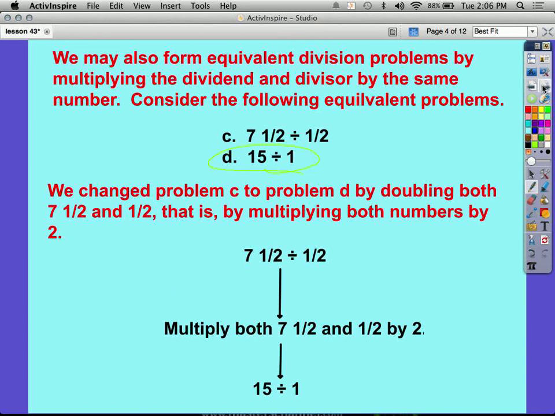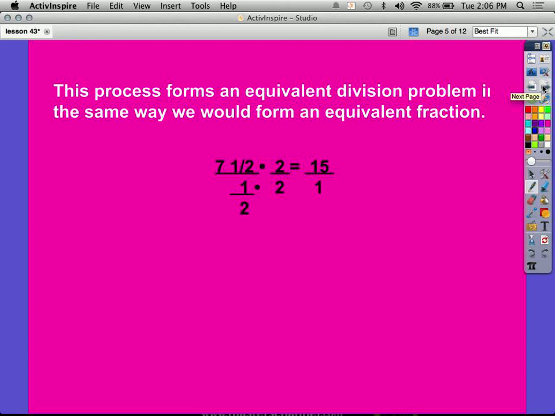So I did 7 1/2 times 2 and 1/2 times 2 to get my 15 over 1. So this process forms an equivalent division problem in the same way we would form an equivalent fraction. Okay? So we're thinking of it as fractions and multiplying by that fraction that's equal to 1.